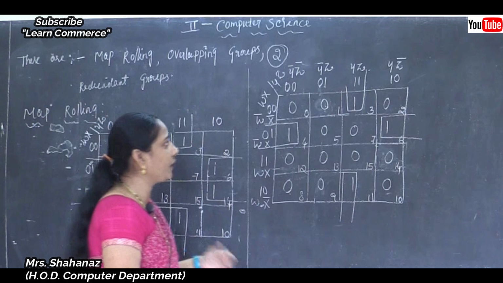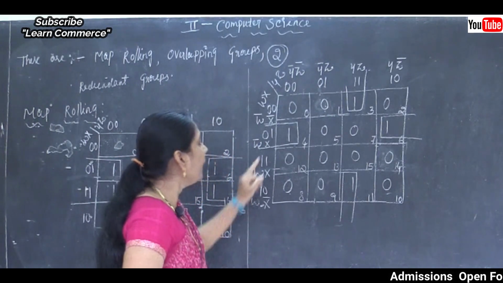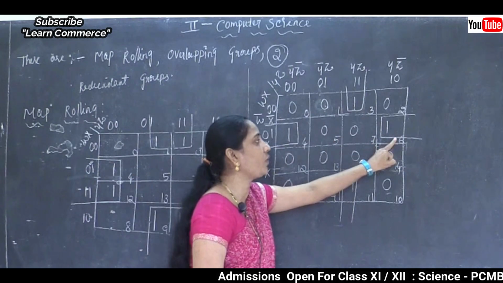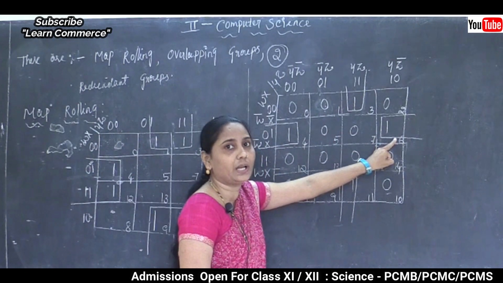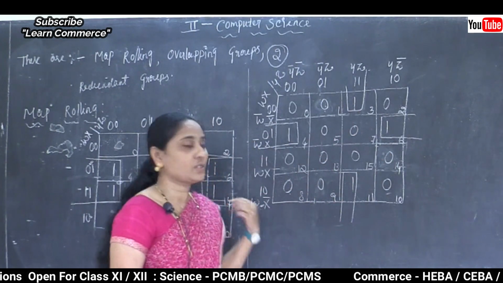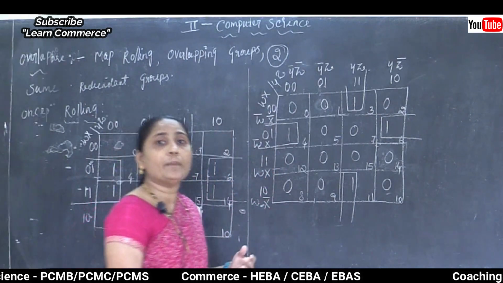In this example, I used the number ones in place of number 4, in place of number 6, and in place of 3 and 11. So this is also one simple example of the map rolling.